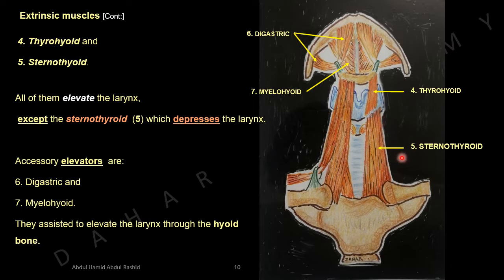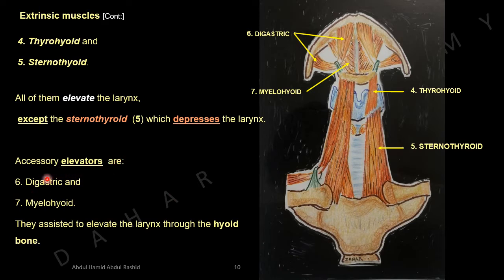All of them elevate the larynx. Number 1 to number 4 elevate the larynx, except sternothyroid, number 5, which depresses the larynx because it pulls from below, pulling down.